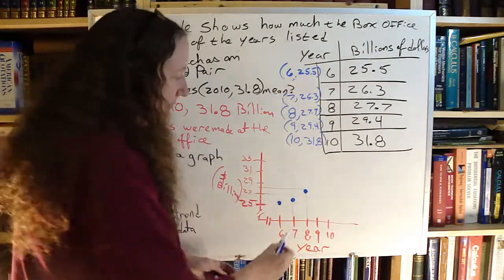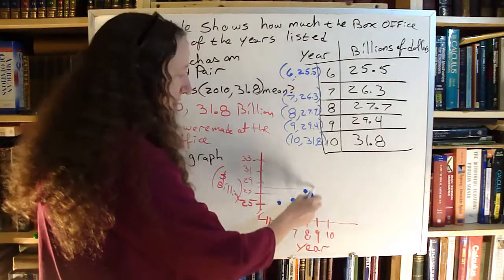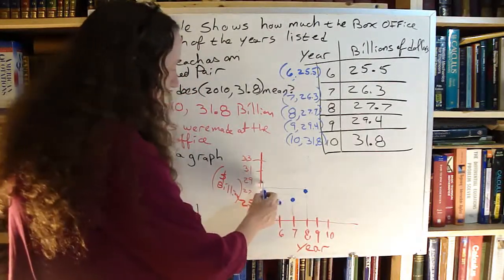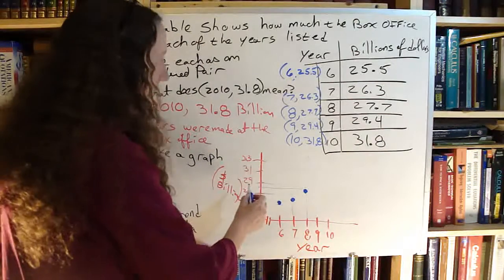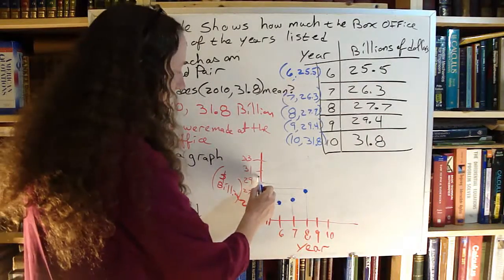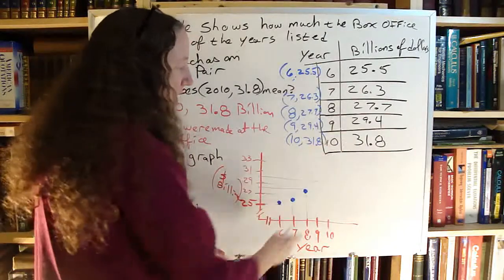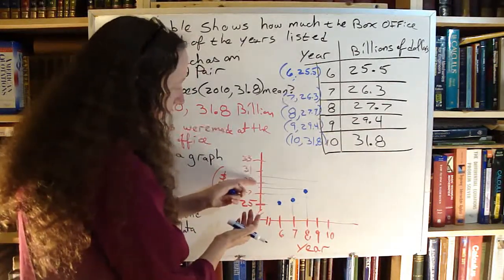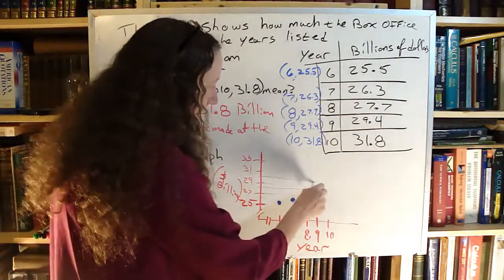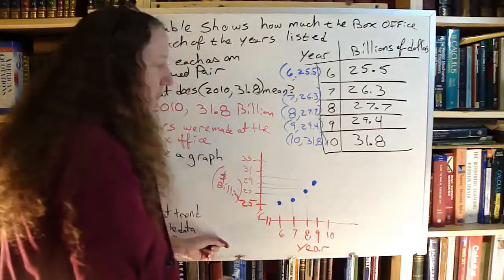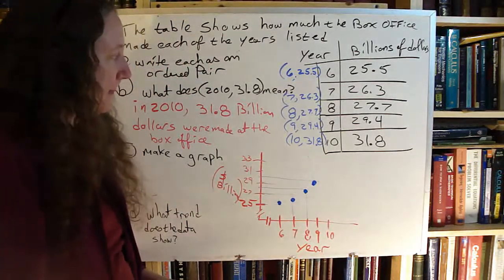Nine comma 29.4. There's 9. Here's 29. Here is 30, halfway between them. 29.4 is halfway between 29 and 30. So I put my dot in between them.